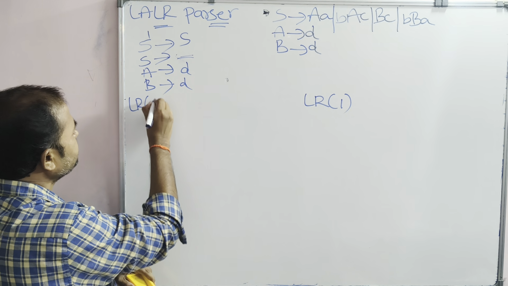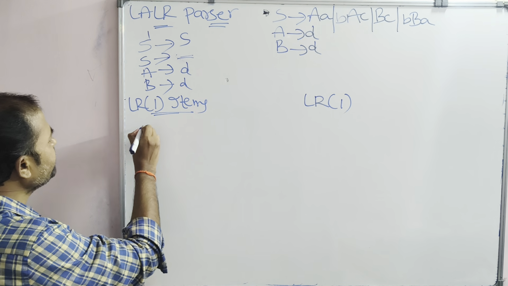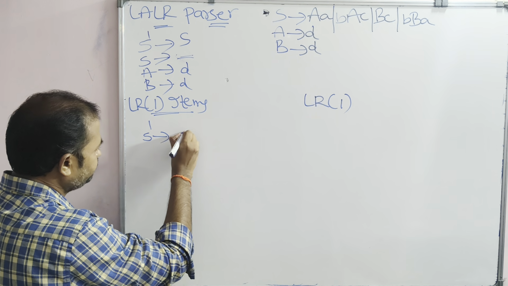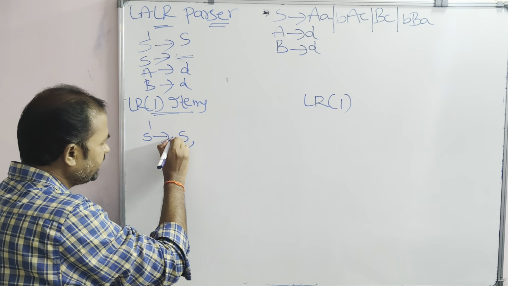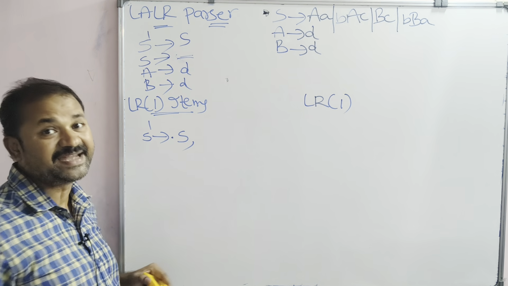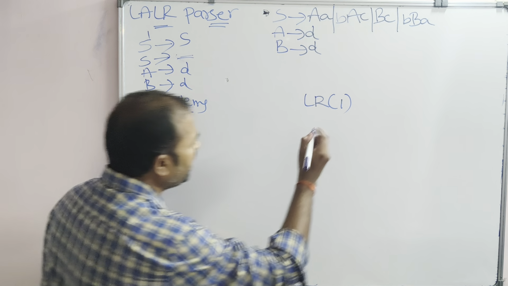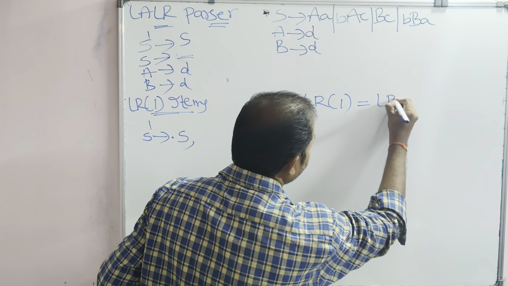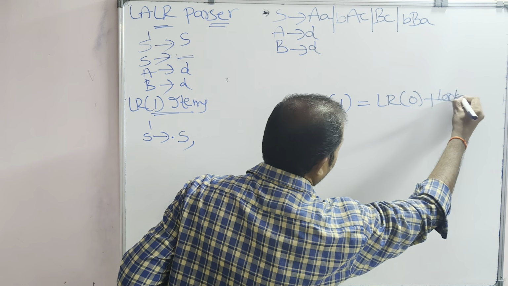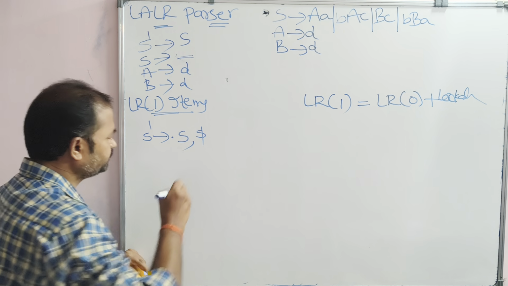The first item is S dash produces dot S. Here it is an item, so we have to use a dot on the right hand side. This is an LR(0) item. LR(1) item means LR(0) item plus look ahead symbol. For the first production, the look ahead symbol is $.